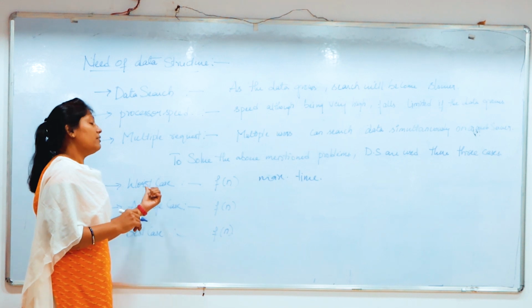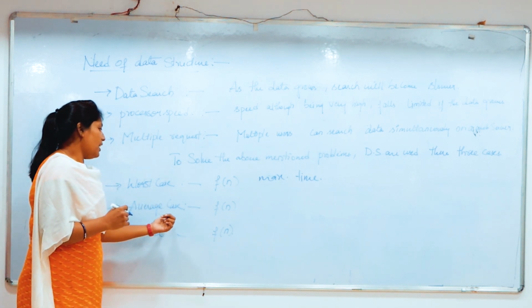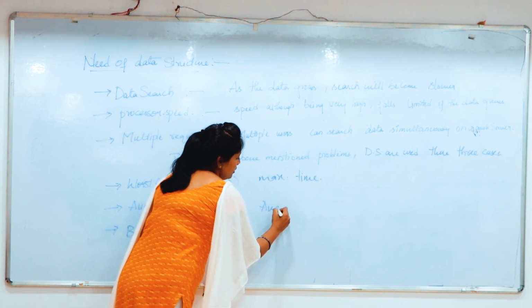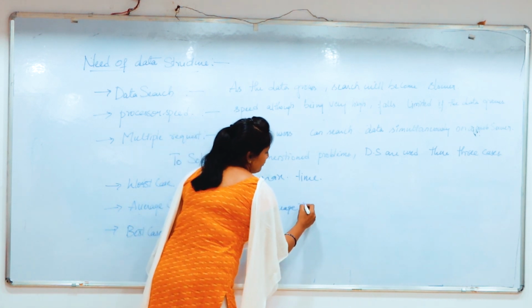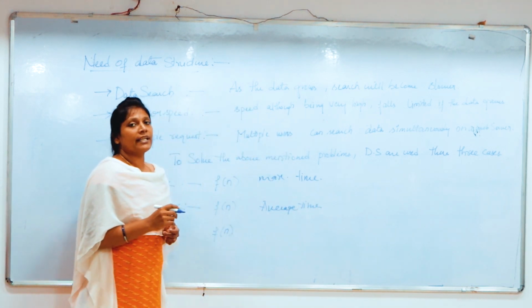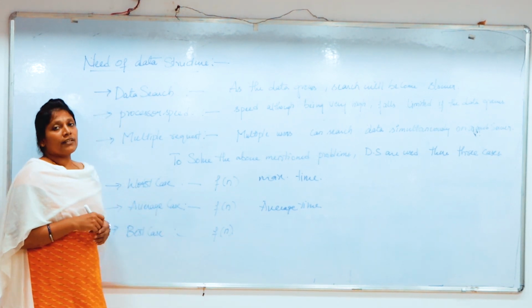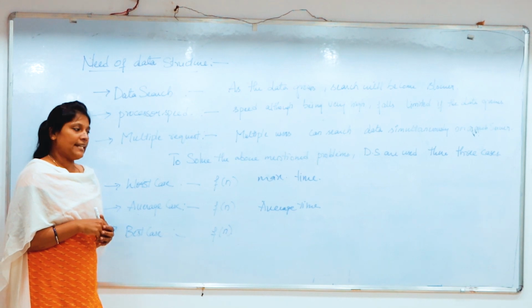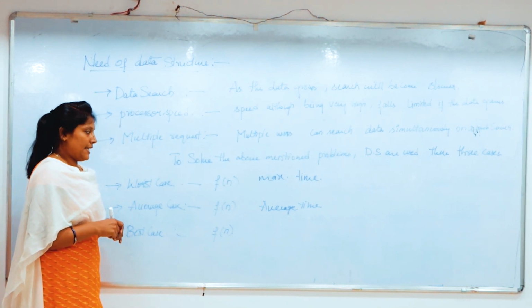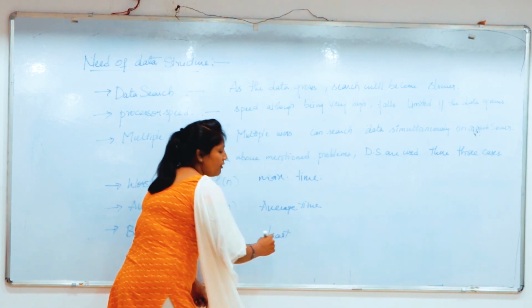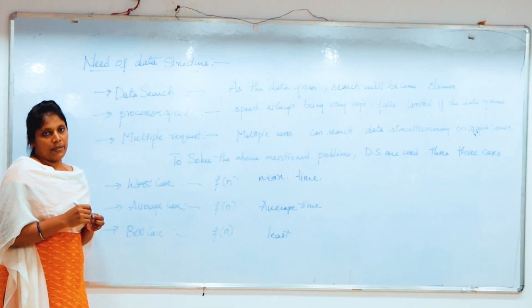That means the worst case. And in the average case, it takes the average amount of time to execute the processing or whatever operations are performed on our data structure. And the best case takes the least amount of time to execute those operations.